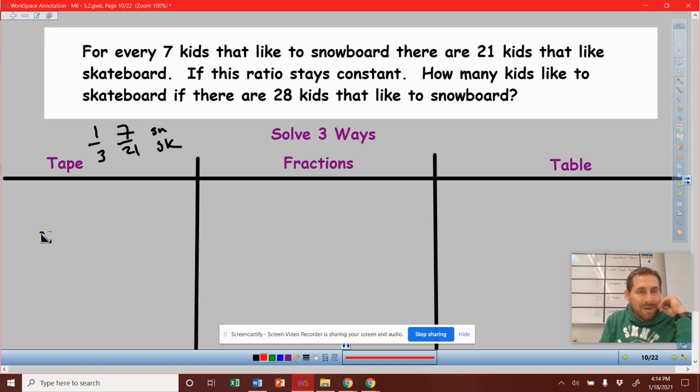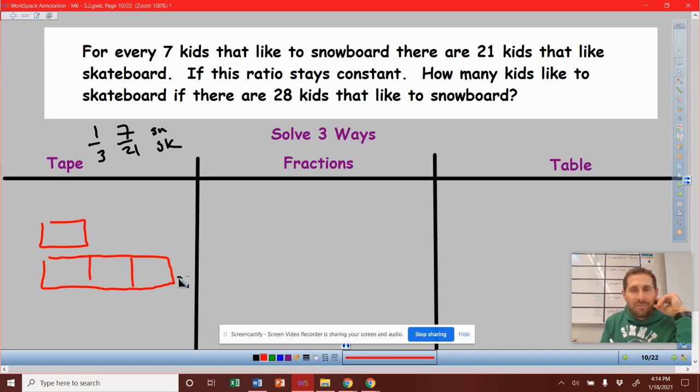So if I want to build my tape diagram, I can build one block, and then the other one can be 3 of the equal size, right? So then I'm putting my snowboard here and my skateboard there. So what they asked: how many kids like to skateboard if there are 28 kids that like to snowboard? So I have one group of 28.